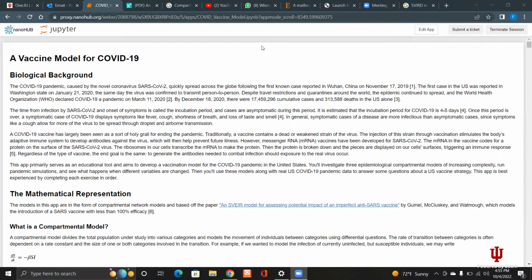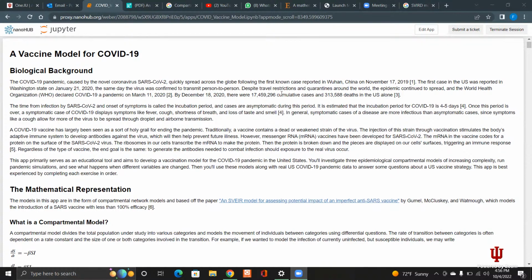Okay. So the project that was given to us to review is basically a vaccine model for COVID-19. The project is basically an educational tool to study what happened in the United States, how the vaccinations that took place in the United States happened.